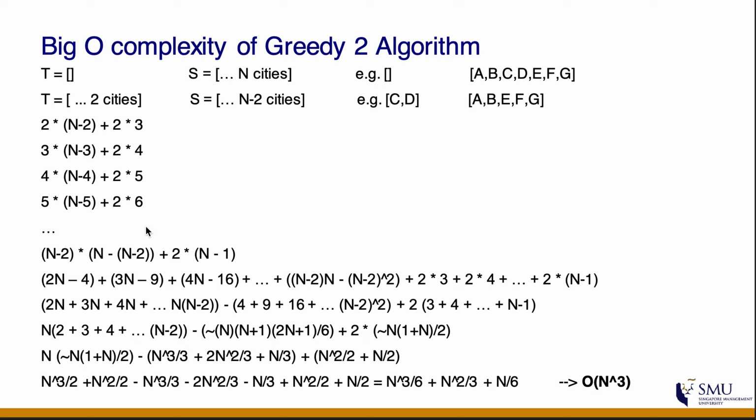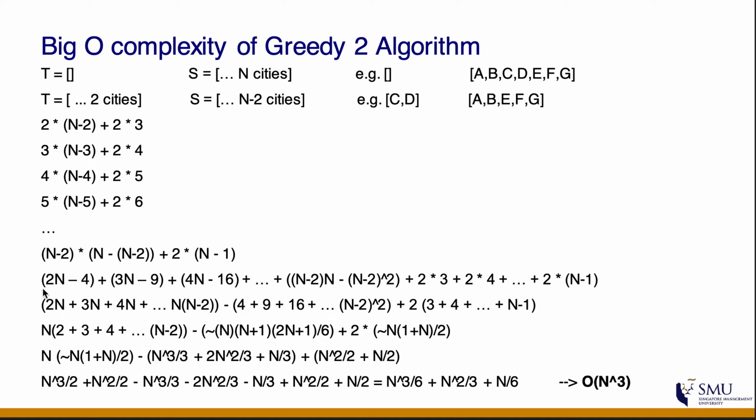So we have 2 times n minus 4, plus 3 times n minus 9, plus 4 times n minus 16, 5 times n minus 25, and so on all the way till the last expression, which is n minus 2 times n minus 2 squared, right? Plus on this side, what you have is just a summation of this series, so 2 times 3 plus 2 times 4 and so on till 2 times n minus 1.